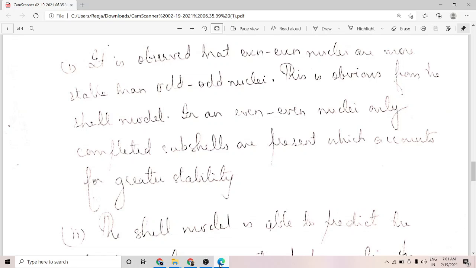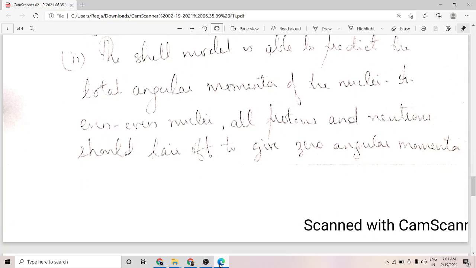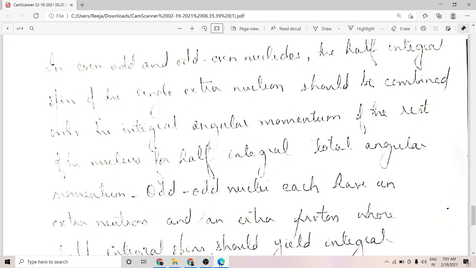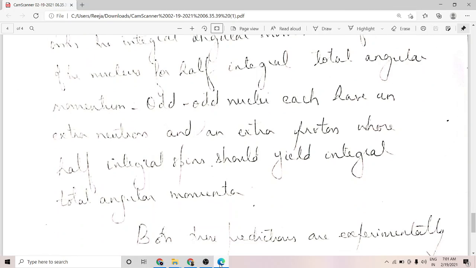One is that even nuclei are more stable than odd nuclei, and the other is the prediction regarding the total angular momentum of the nuclei, that is in even nuclei the angular momenta pair off to give zero angular momentum, and in even-odd and odd-even nuclei the total angular momentum is half integral, and in odd-odd nuclei the extra neutron and extra proton, each of which has half integral spin, should yield an integral total angular momentum.